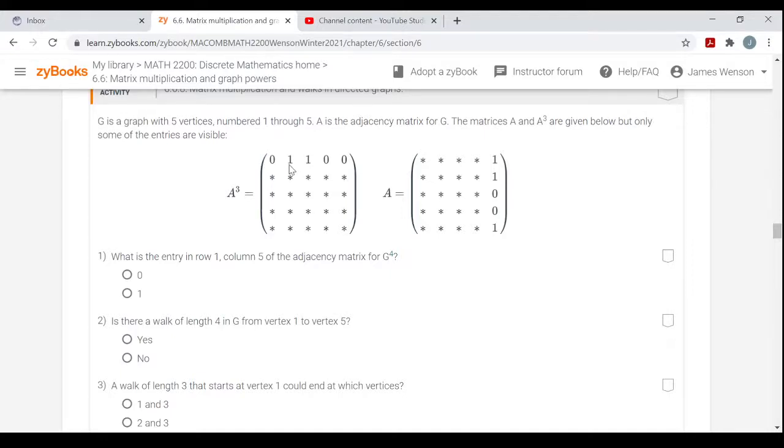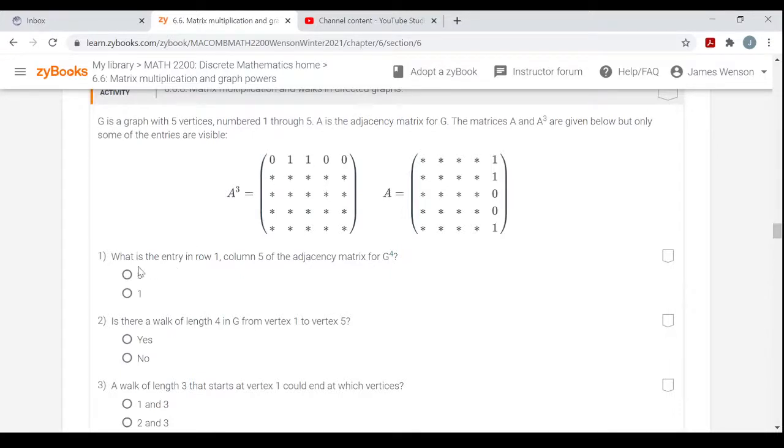That means that there's a walk of length 3 from vertex 1 to vertex 2 back in the original graph G. And there's a walk of length 3 from vertex 1 to vertex 3 back in G. And there's not a walk of length 3 from vertex 1 to vertex 1, or vertex 1 to vertex 4, or 1 to 5.